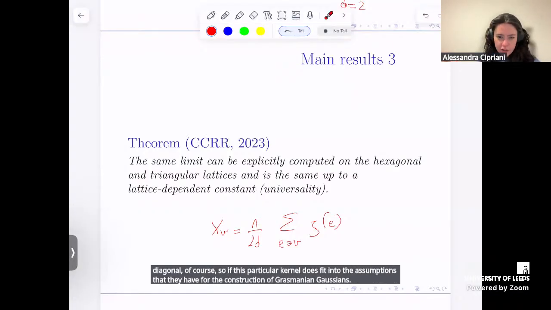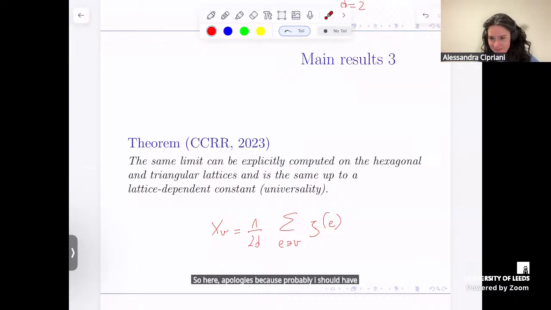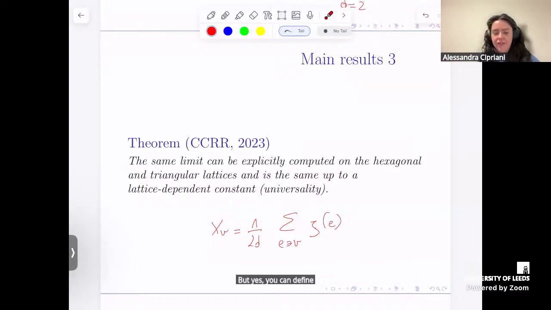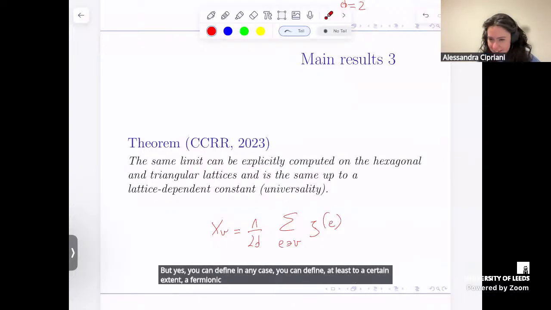Apologies, probably I should have read their paper better to tell you 100% that the GFF can be defined there. But in any case, you can define, at least to a certain extent, fermionic or Grassmannian Gaussian variables.